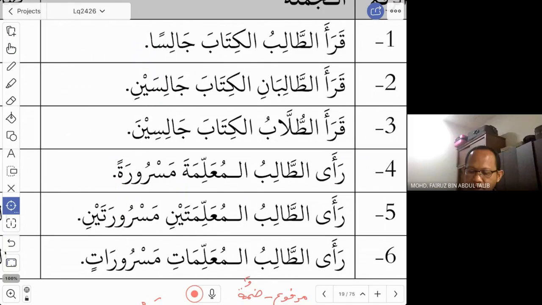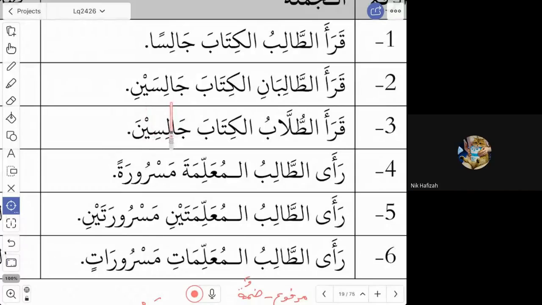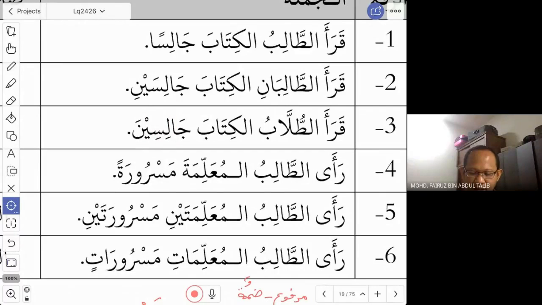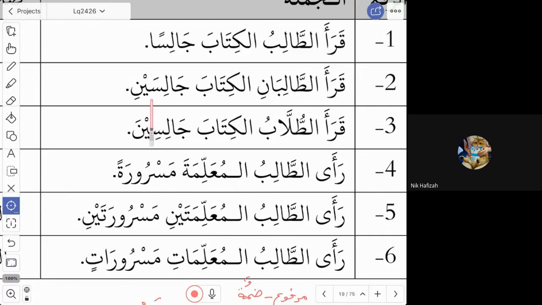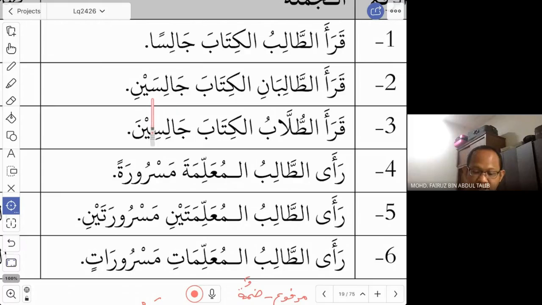But if you look at number 2, you don't see any fathah. There is no fathah for the word jalisaini. Why is there no fathah? Look at the word number 2. Is this a mufrad word? No, this is musanna.